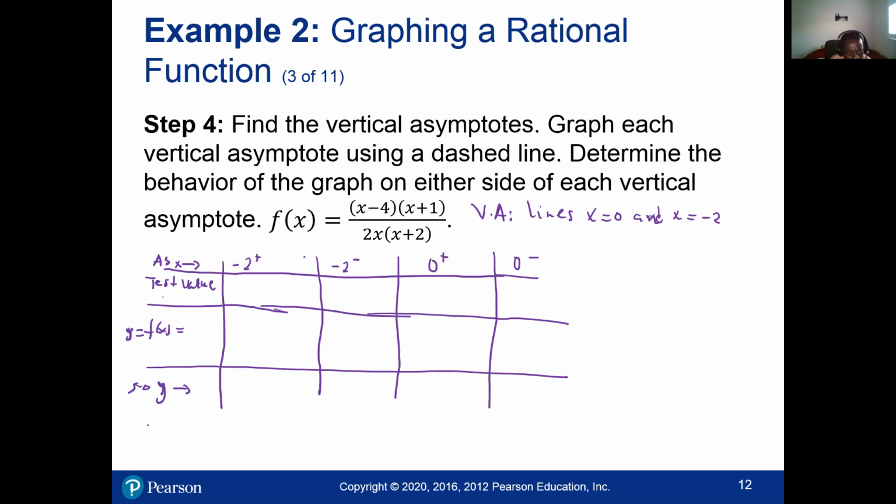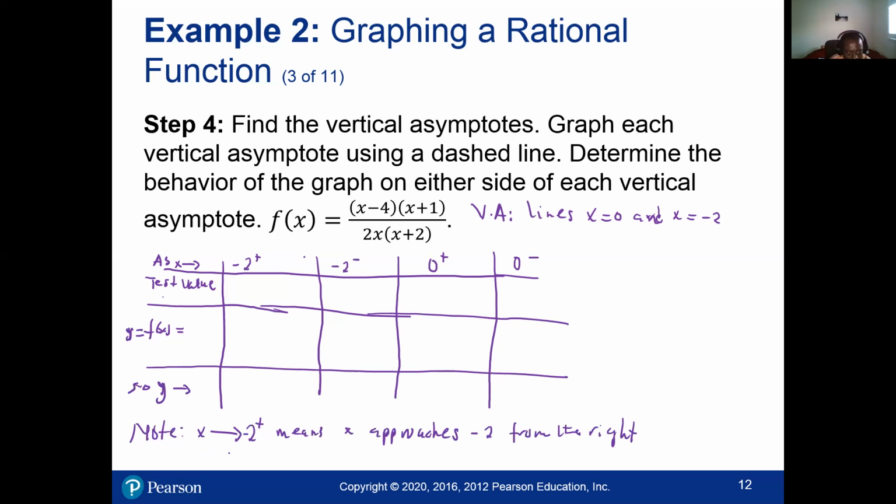Now note that when I write x, minus, what does it mean? This means x approaches -2 from the right.